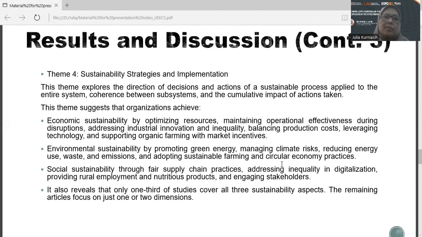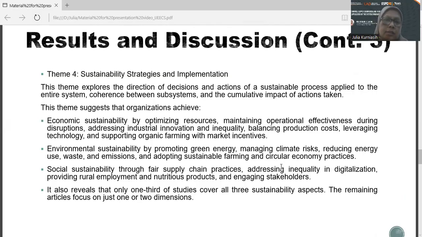Theme 4 is about sustainability strategies and implementations. This theme explores the direction of decisions and actions of a sustainable process applied to the entire system, coherence between subsystems, and the cumulative impact of actions taken.